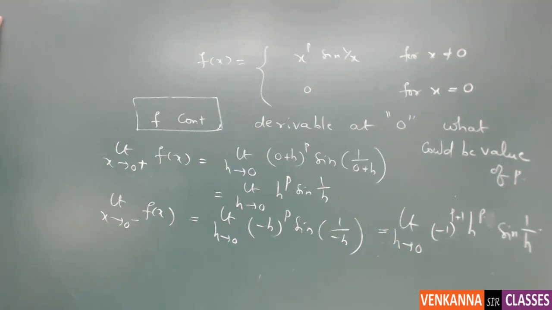Fine. Now, since the function is to be continuous, the two limit parts must be equal, right? And the values must be equal to 0.